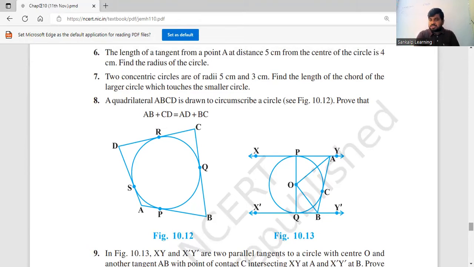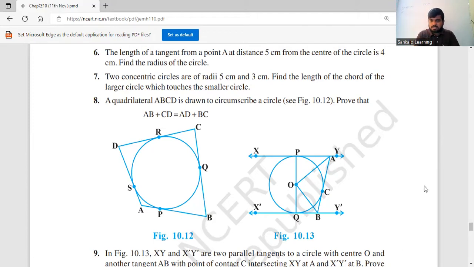Therefore, that circle is called an inscribed circle, or in another way, the quadrilateral is circumscribing the circle. Okay, so that is the meaning. A quadrilateral circumscribing a circle is simply a quadrilateral in which a circle is there, which is touching all the 4 sides.